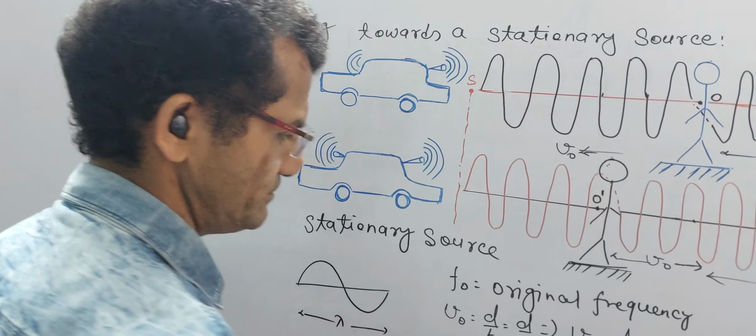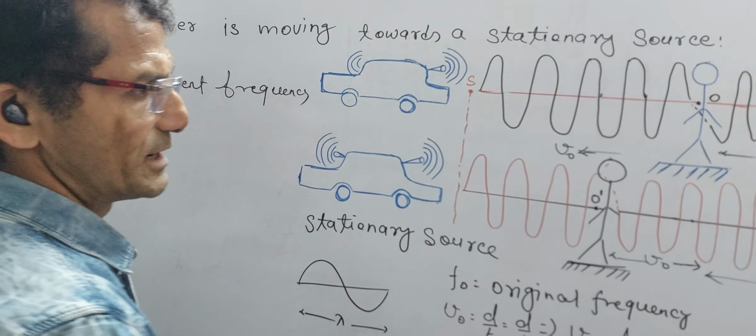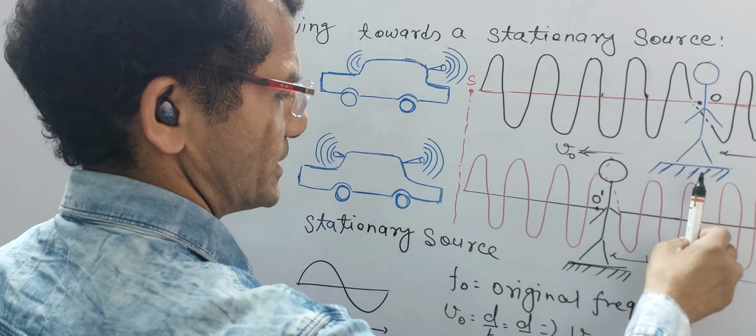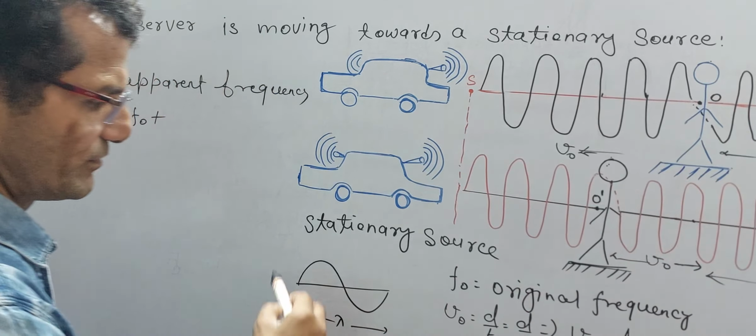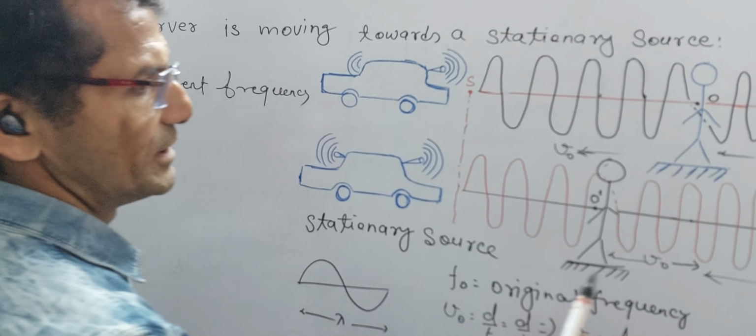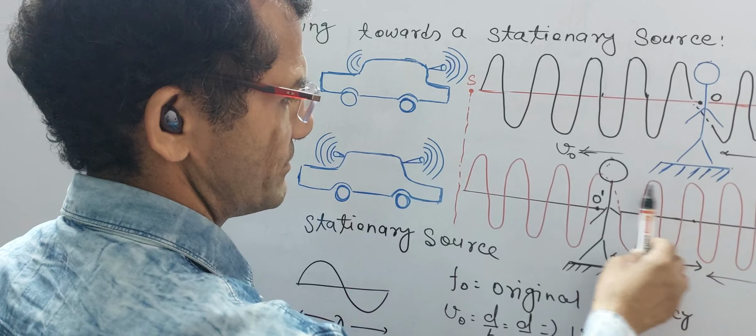If you divide this by the wavelength, we get the number of waves contained in the distance v0.